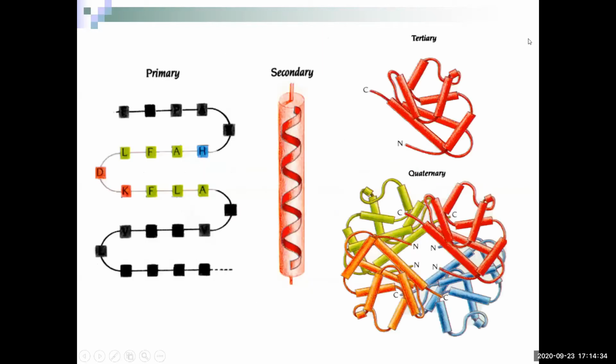So ito yung itsura ng apat na structures of proteins. So we have the primary, these are chains of amino acids. Then we have the secondary, the tertiary, and the quaternary. So as you can see, protein is actually made by condensing the amino acids together to make such shape.